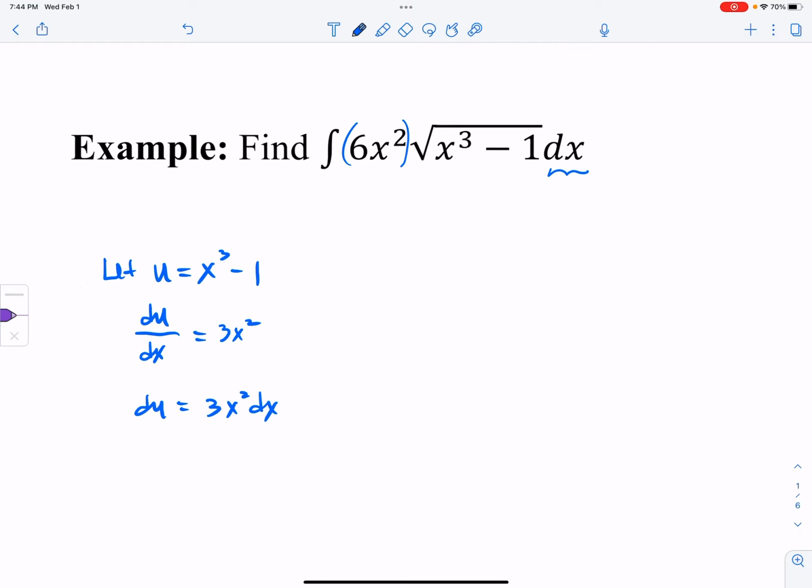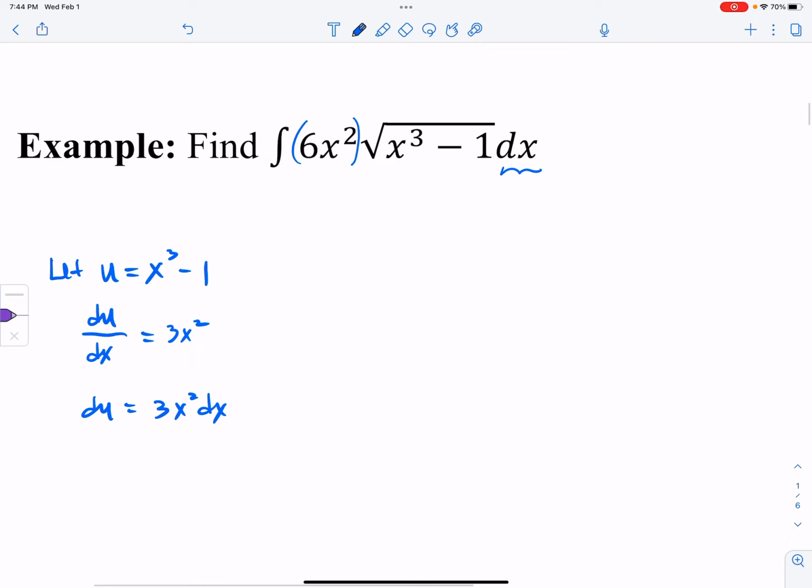Notice that 2 times 3 is the same as 6. So notice that I can let du equal to the 3x squared dx, and I'll still have a 2 left in there.